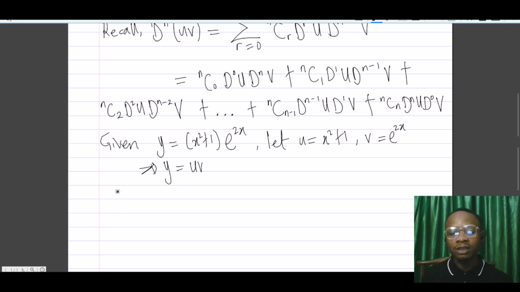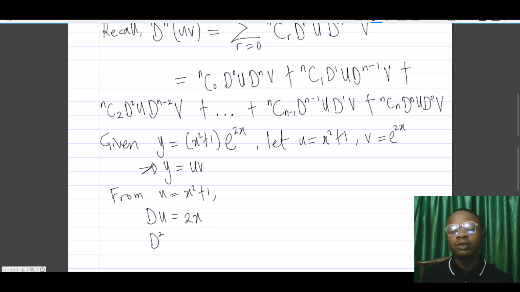So we now say that from u being equal to x squared plus 1, it will follow that the first derivative of u is 2x, as the derivative of x squared is 2x and the derivative of 1 is 0.